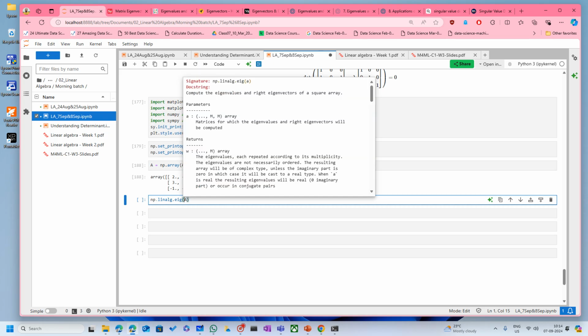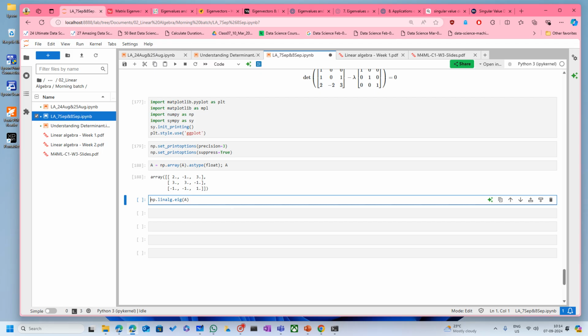If you look at what eig is doing, it is computing both values and vectors, generating both things at the same time. So when you assign, you have to always assign eigenvalues first and then eigenvectors.